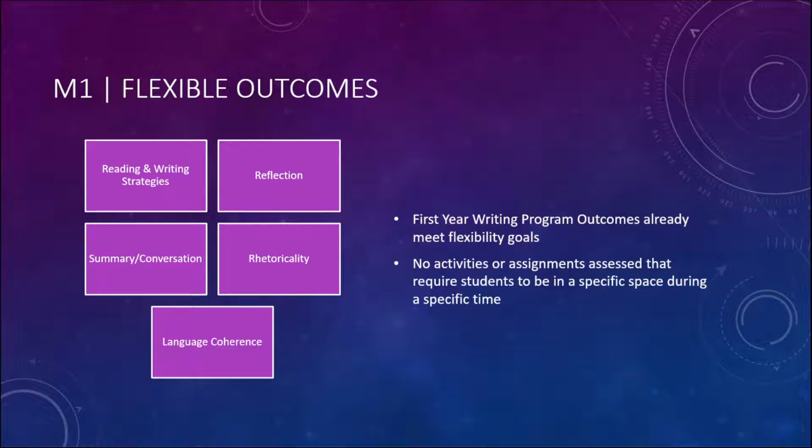So we want to avoid learning outcomes that require a specific space and time for the learner to demonstrate their competence. I'm glad that Fresno State's first-year writing program outcomes are already flexible, and our final portfolio project does not require students to be in a specific space at a specific time to submit their work.